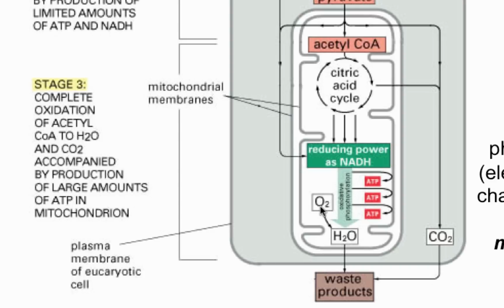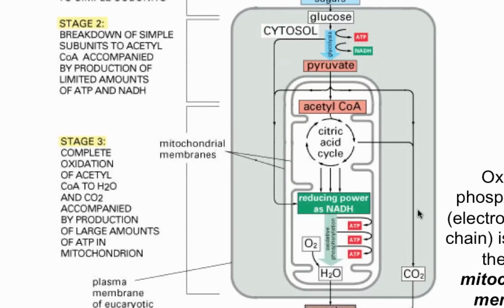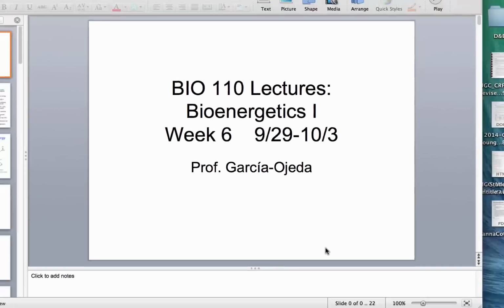Oxygen is the ultimate electron acceptor, and that will be reduced to water. And water and carbon dioxide will be the byproducts of the reaction. This is happening inside the matrix of the mitochondria, whereas the electron transport chain will be happening in the inner membrane of the mitochondria.